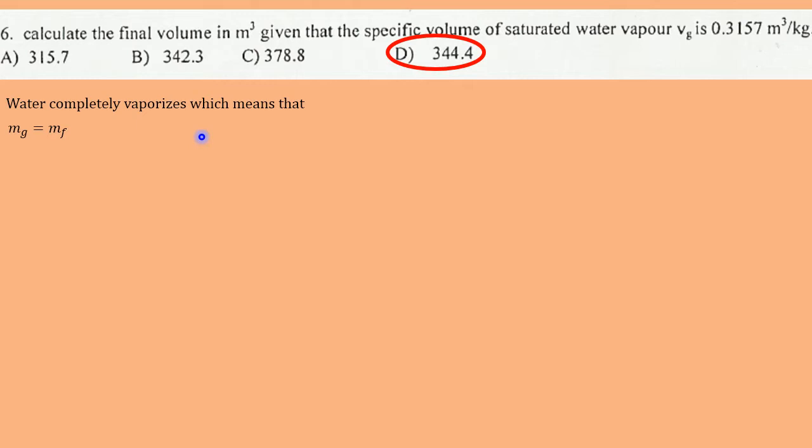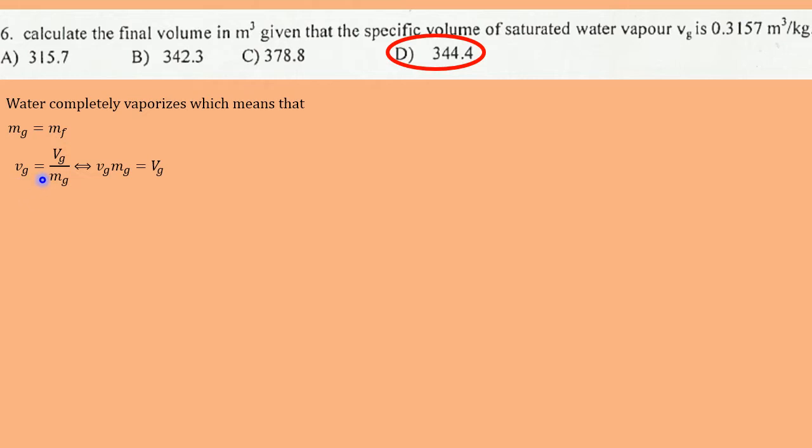So here there must be conservation of mass, because all the mass of water that was there before must be equal to the mass of water after, that's in the vaporized form. So that's why we have mg equals mf. Now we start with the specific volume of the saturated water vapor.